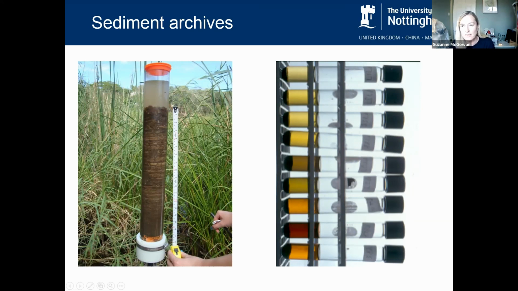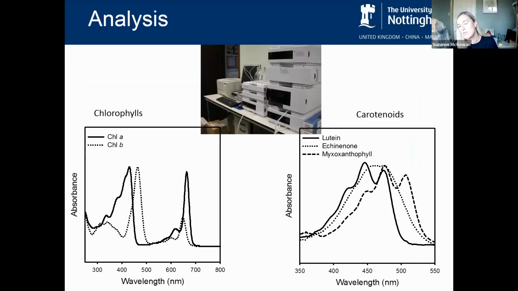The main thing about pigments is they're quite simple to analyse, using fairly standard techniques. You would use chromatography, high performance liquid chromatography, and you can identify them using absorbance spectra. Using a combination of retention times and absorbance spectra, you can quantify the pigments down a sediment core.